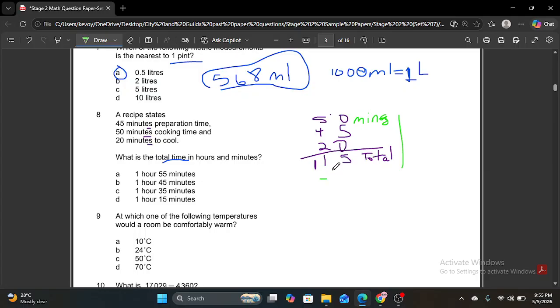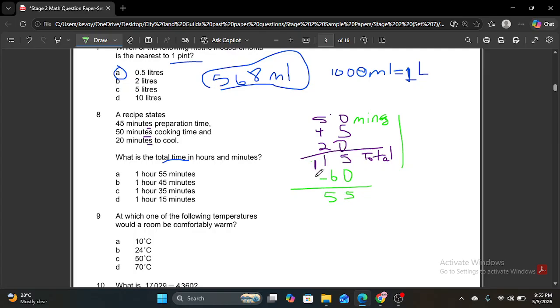So let's just subtract it right here. So 60. 0 minus 5 would just be 5, and 6 from 11 would just give you 5 as well.